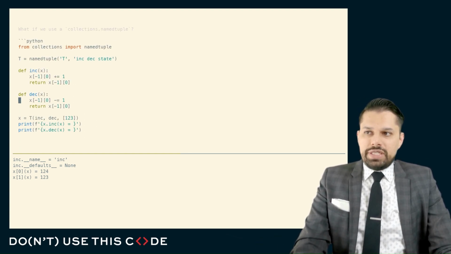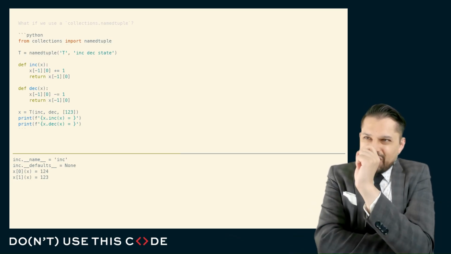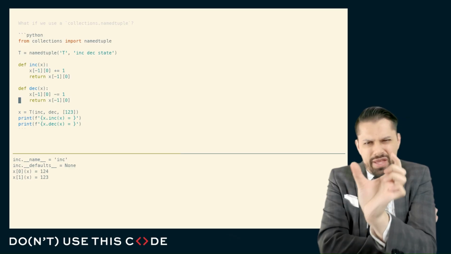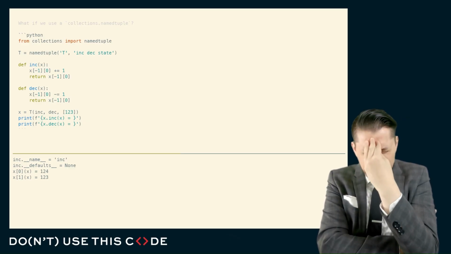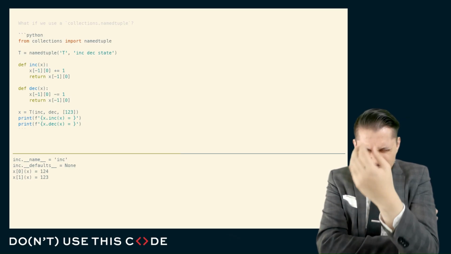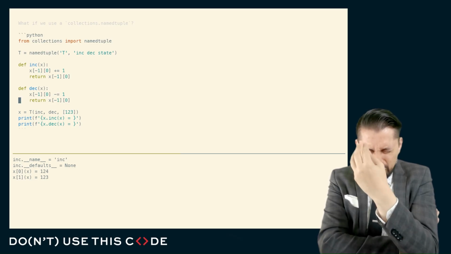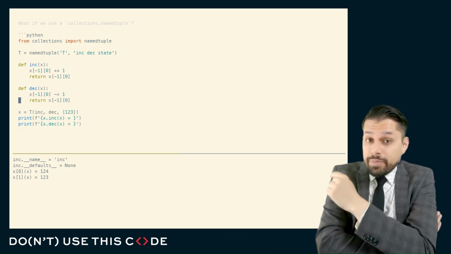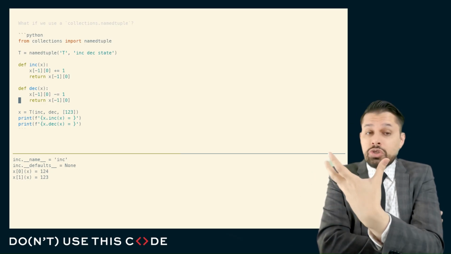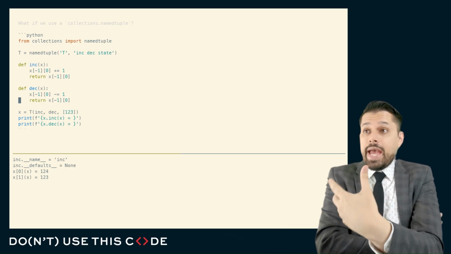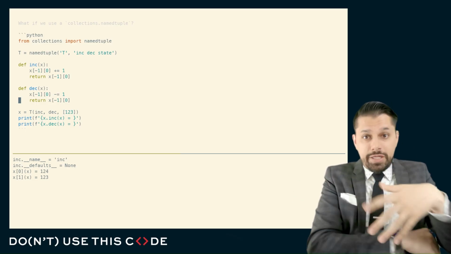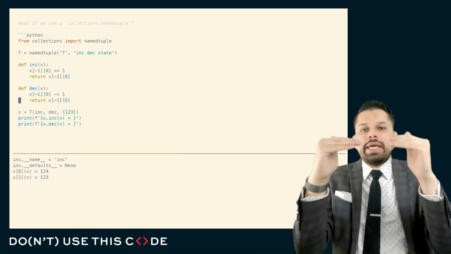Well, if we were to take that same example and extend it very slightly, and say that referring to the increment and the decrement by their index is so clumsy that instead I'd like to name those fields, I'll use a tuple, or more specifically, a collections.namedtuple. It is very much the case that behind the scenes somebody is creating a new type, and that new type is being created with all of those methods that we identify as being part of object orientation in Python: an init, a repr, and so forth.